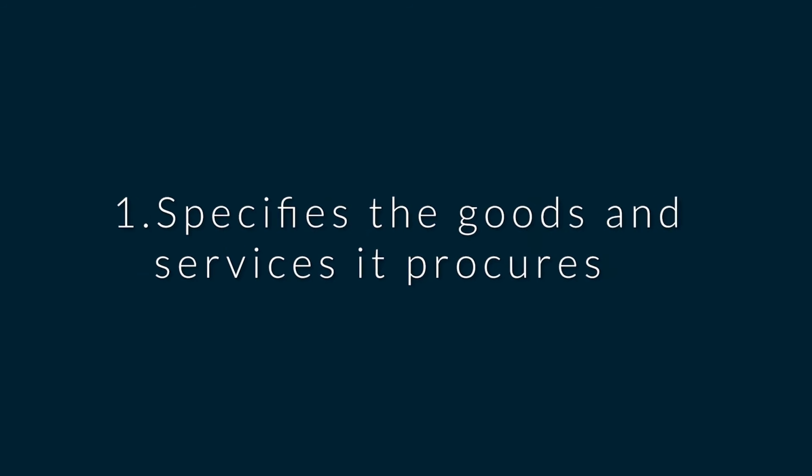When it comes to specification, there are two kinds you need to understand. There is performance specification, where you tell your suppliers, I want something that will do ABCD. For example, I need a website, and I want this website to be dynamic, not static.